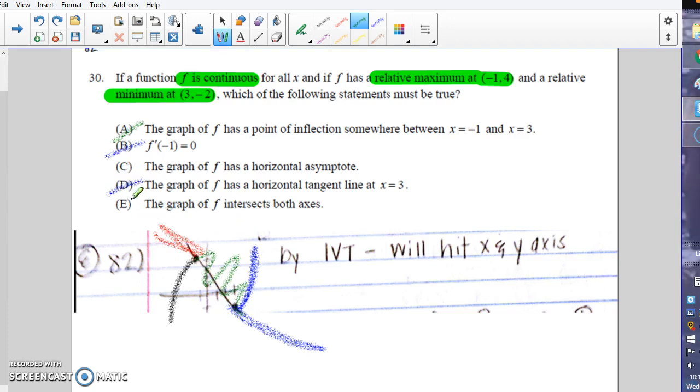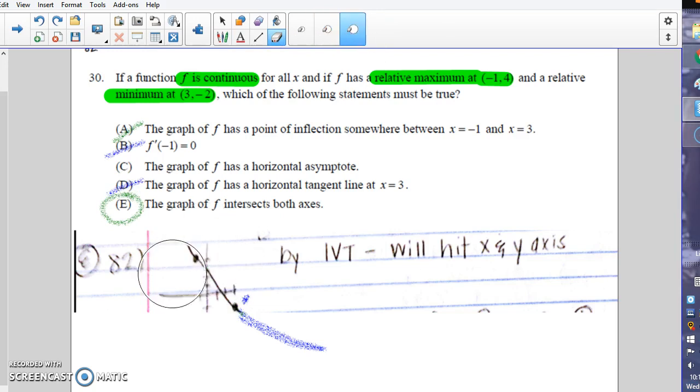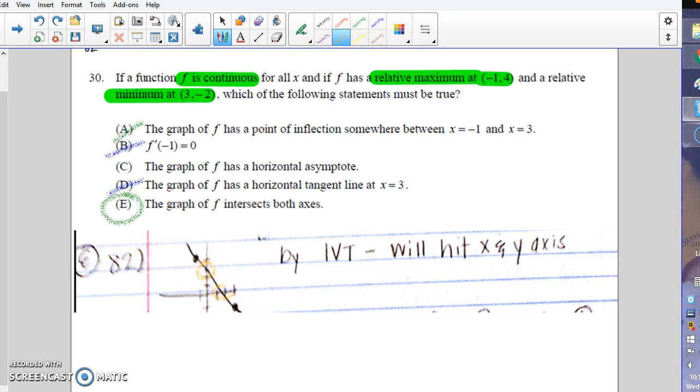The thing that we can pick up on is if I look at the idea of basically just connecting the dots like I did. So just connecting these two points, it intersects the y and it intersects the x, and that's actually based on the intermediate value theorem. You know that you have a 4 here and you have a -2 here in y values.